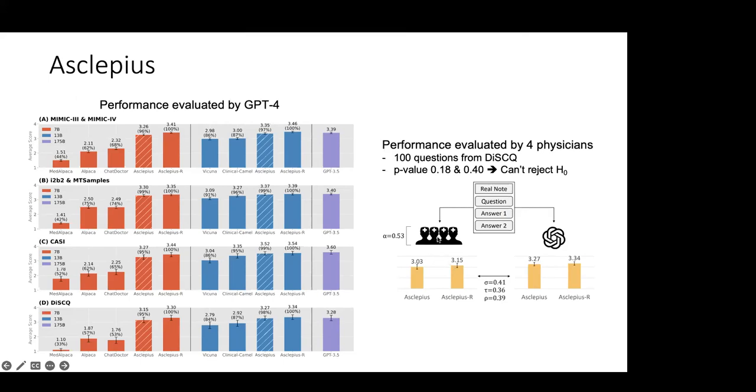So even when seen by actual doctors, it's not that much of a difference. There's certainly a difference, but not that much. And GPT-4's evaluation is not so much off from the four doctors. So that was an interesting case study.